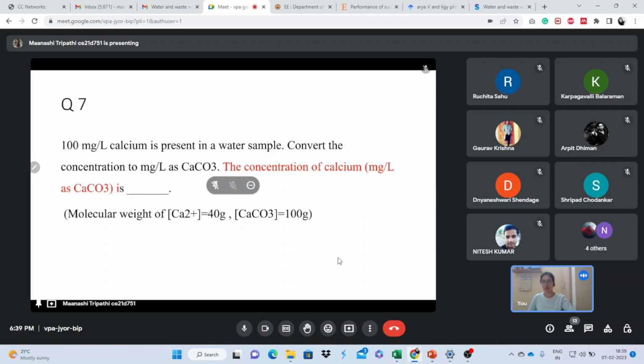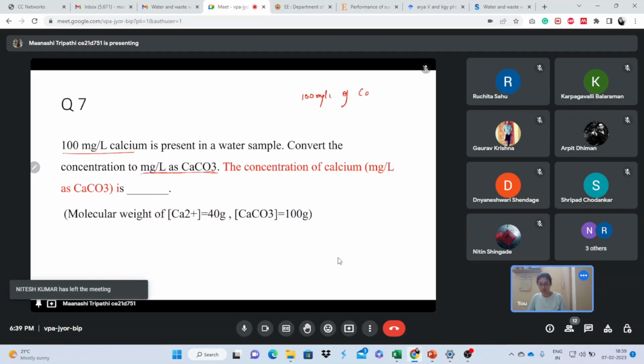Coming to question number 7, one more numerical. 100 milligram per liter calcium is present in a water sample. Convert the concentration to milligram per liter as CaCO3. We have 100 mg per liter of calcium.